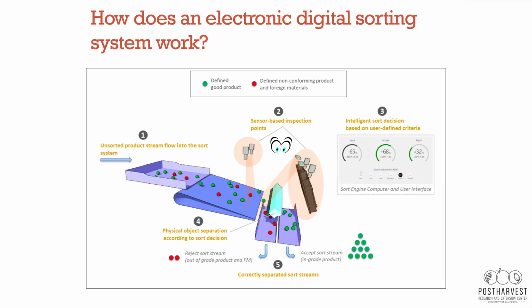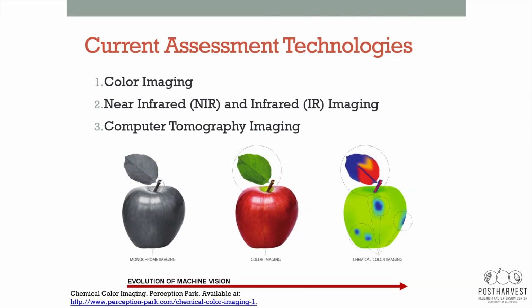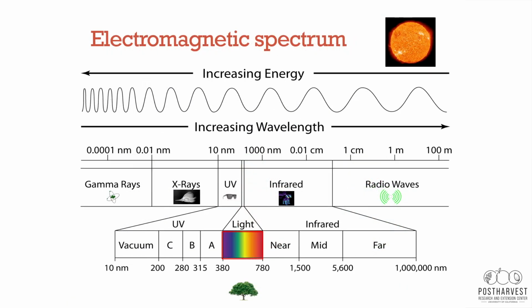Typically, they work either through color, or now there are cameras, near-infrared cameras, infrared imaging, and other technologies that are evolving, and hopefully they're going to be available in the next 20 to 25 years. As we know, light interacts differently with the product depending on its chemical attributes, its color, and so on.